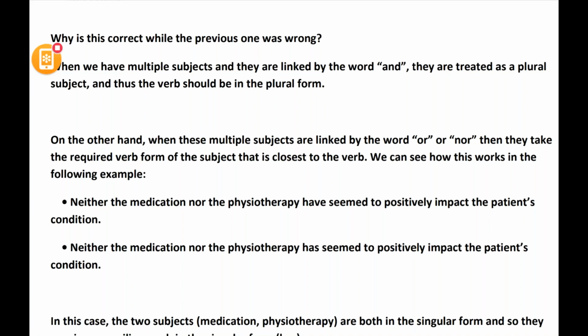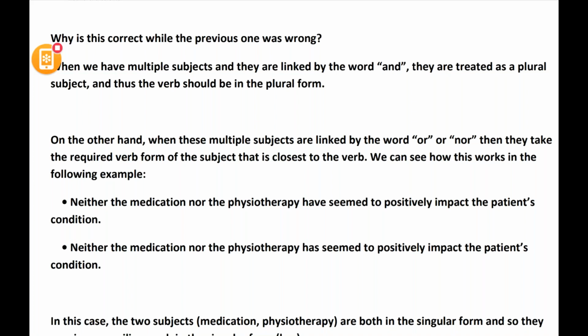And verb? Verb is only one. Okay. And so is this correct? The first one is not correct, ma'am. The second one is correct. Neither the medication nor the physiotherapy has seemed to positively impact the patient's condition.